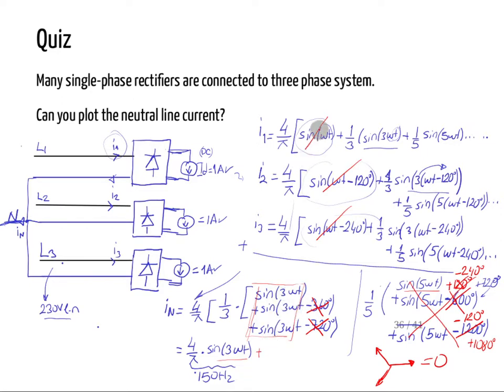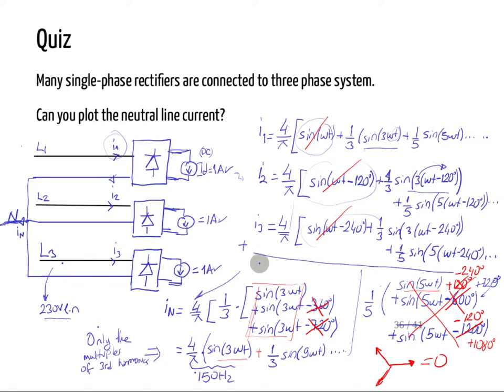And the interesting thing is, if you do it for the ninth component, you will see it doesn't cancel itself, but it will become again 1 over 3 sine 9 omega t, and so on. So it will have only multiples of third harmonics.